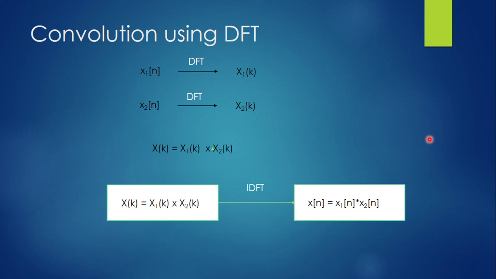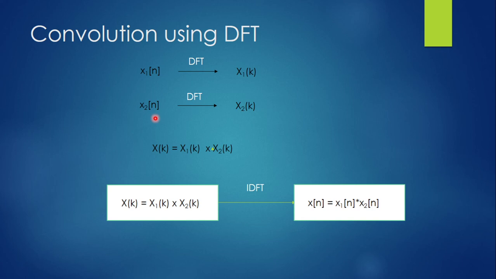You have two sequences, take the DFT of both, multiply the DFT of these two sequences to get the output, then take the inverse of that. The output that you will get will be the convolution of x1 and x2.